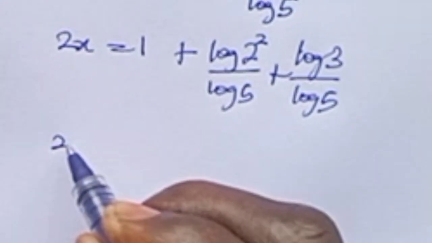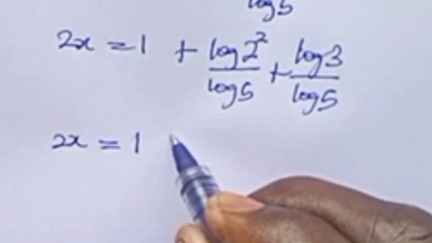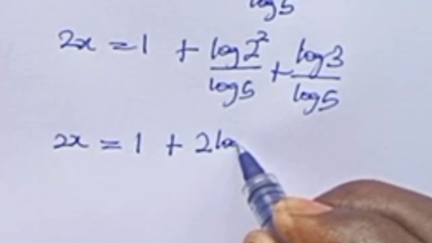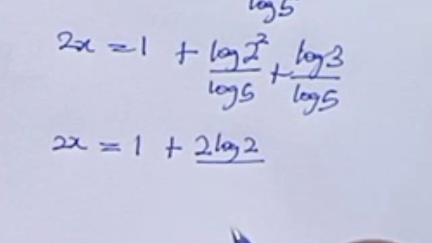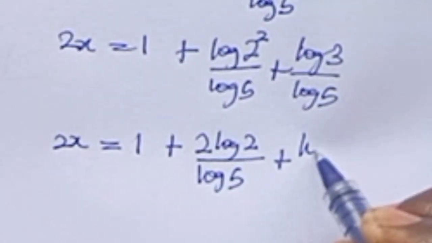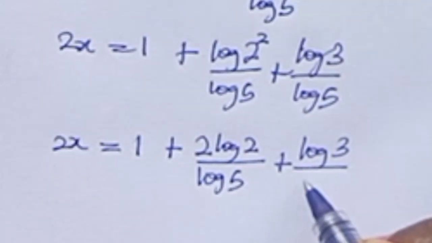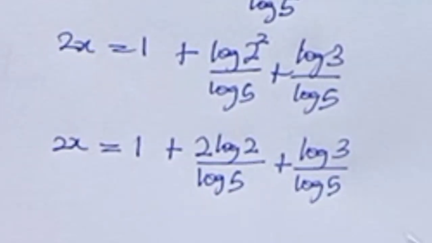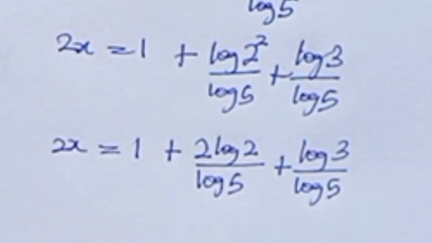And here we have 2x equals 1 plus 2 log 2 over log 5 plus log 3 over log 5. The power comes down to multiply the log.